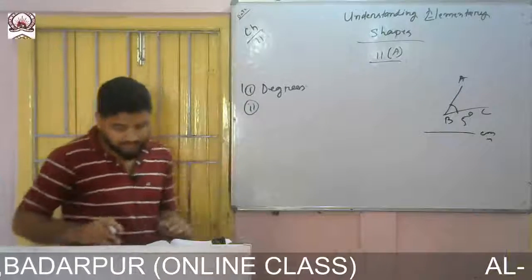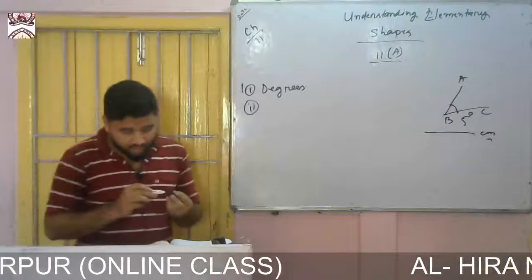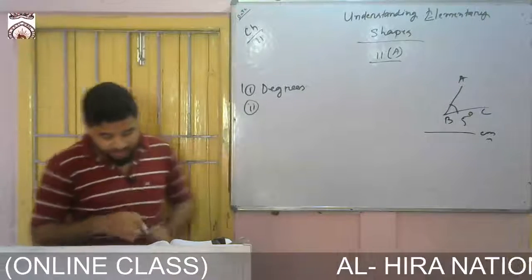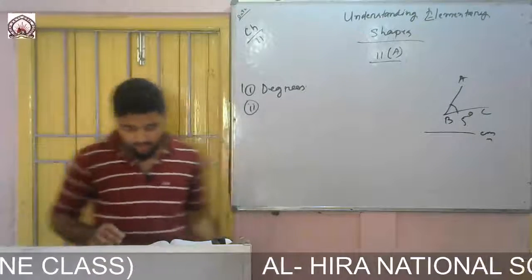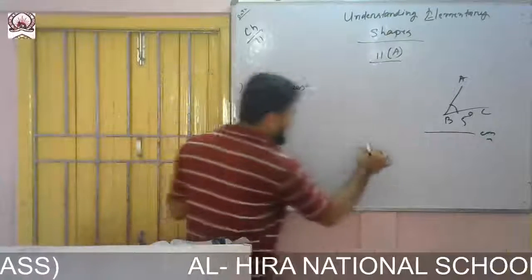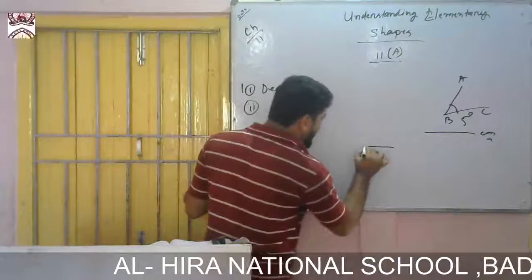One complete rotation of a line about a point is equal to what? Suppose this is a line and this is a point.